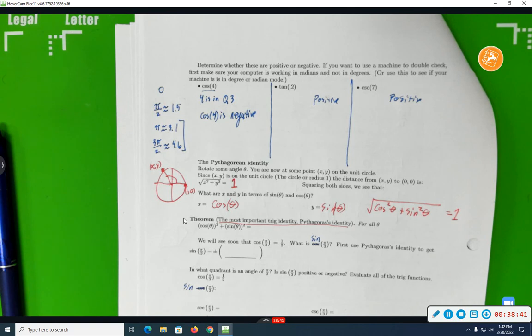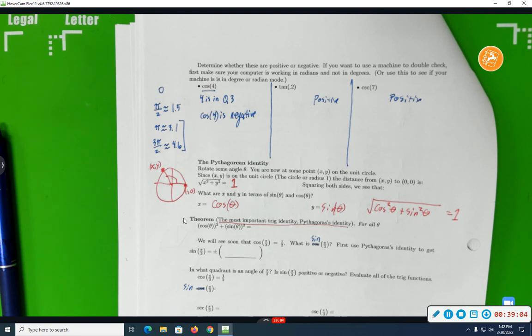I wasn't intending to introduce this notation yet, but you end up squaring trig functions often enough, and this gets awkward to write. So whenever I want to take a trig function and square it, I'll sometimes put the 2 right there. It's a slightly awkward convention, but it's also the standard convention.